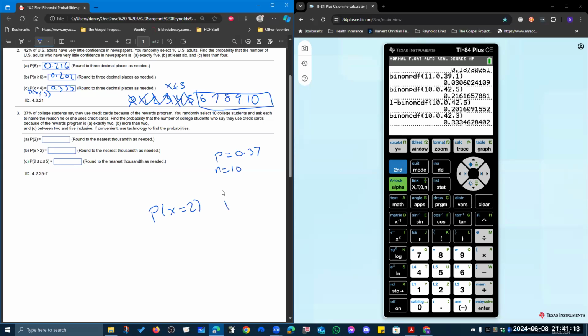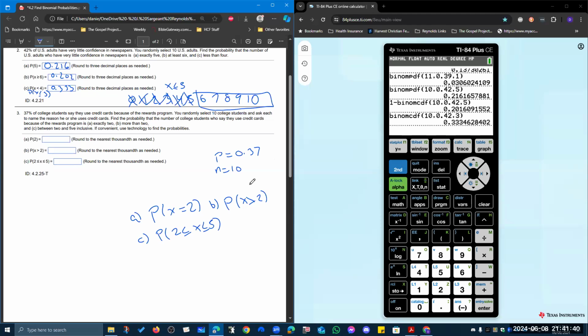And then more than 2. And then between 5 and 2 inclusive. And if convenient, use technology to find the probabilities.